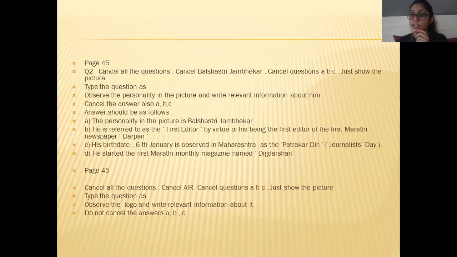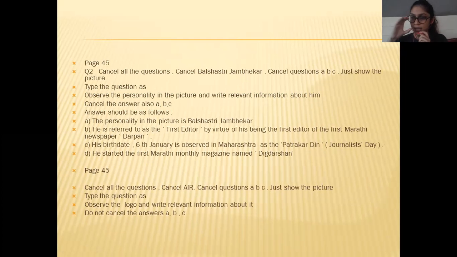Now, on page number 45, question number 2, cancel all the questions, cancel Bal Shastri Jambekar, cancel questions A, B, C. Just show the picture. Only the picture is important. Rest everything is not important. Now, the question is going to be framed.